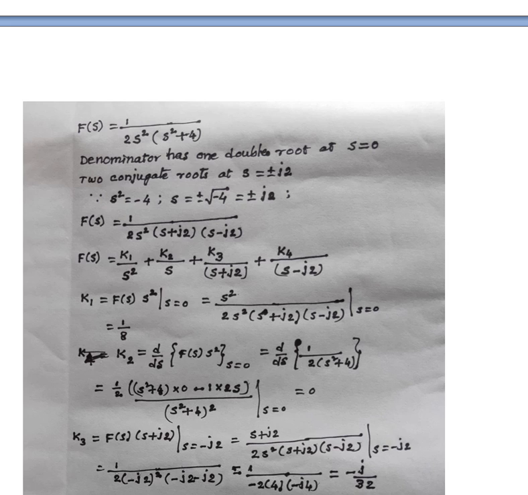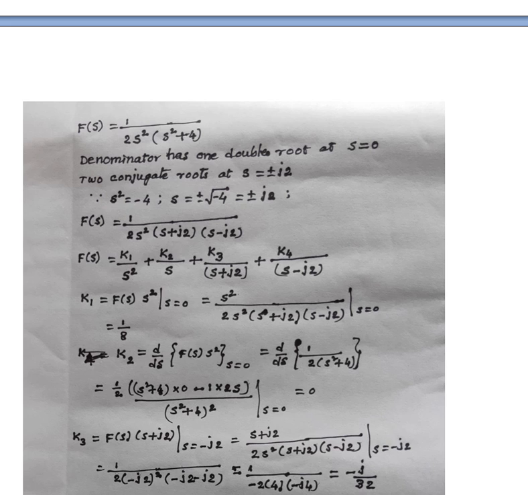Then to get k2, what we should do is multiply f of s with s square and then differentiate it once, then substitute s is equal to 0. So once we multiply with s square, then we get d by ds of 1 by 2 into s square plus 4.